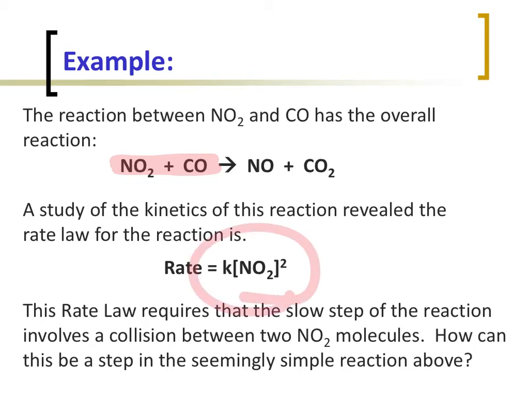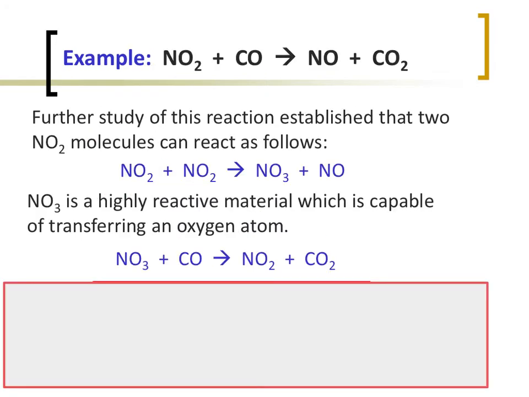We have it so that it is only dependent on the NO2, not the CO. So that tells me right away that this is not a one-step reaction and this is not the rate determining step. There must be more to this mechanism. And we can tell from the rate law that the reaction that determines the step would involve two nitrogen dioxide molecules as reactants, because we have NO2 as second order.